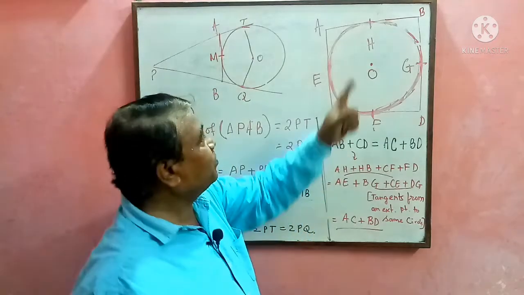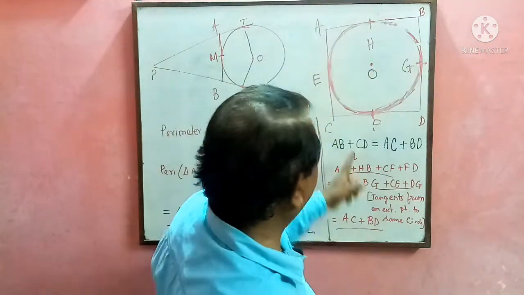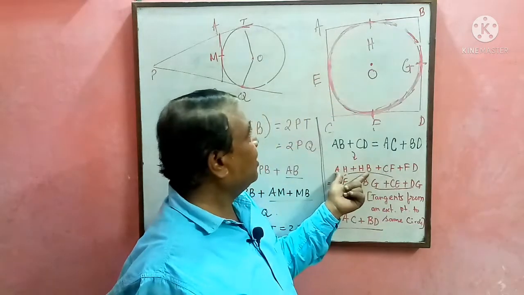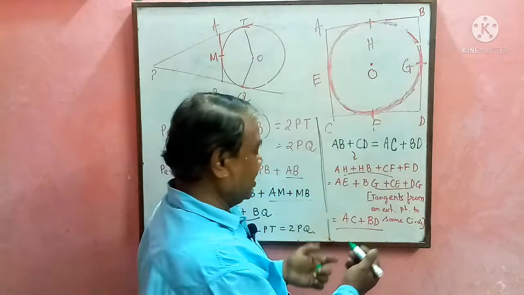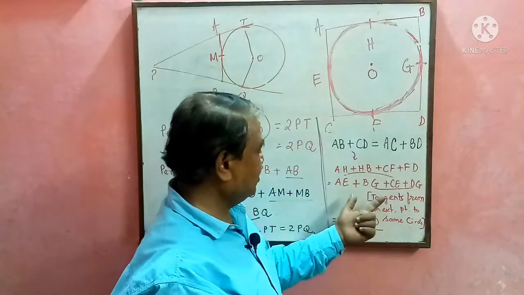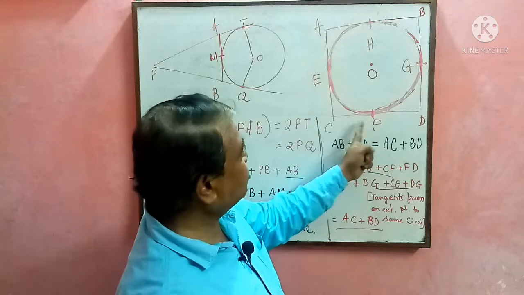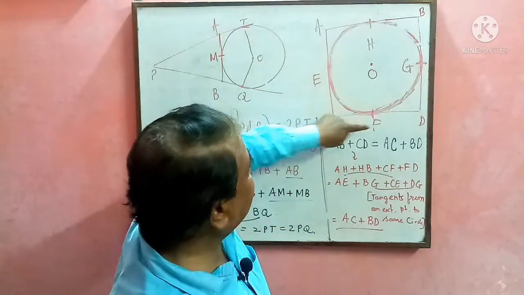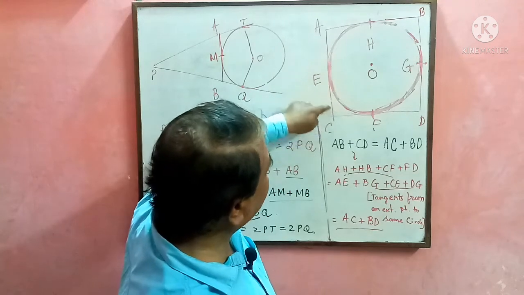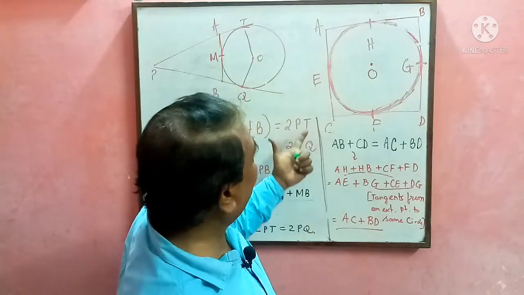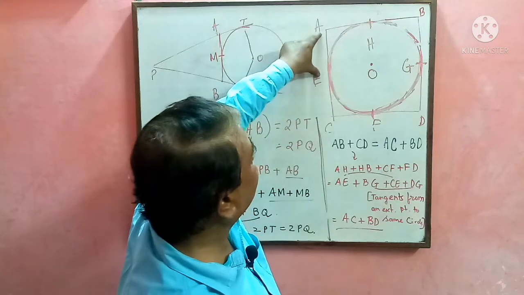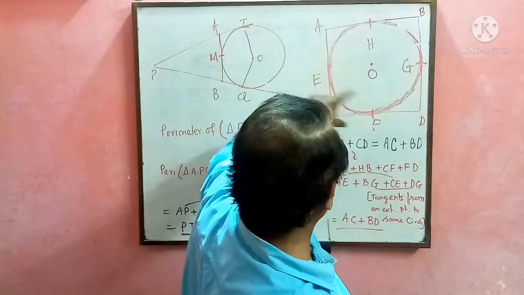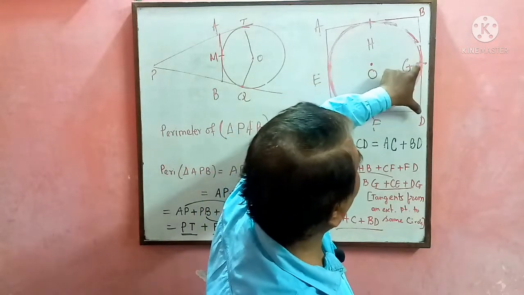Now you see AB, we can change AB into AH plus HB, and CD we can change into CF plus FD. Now CF is a tangent, and these two tangents are also equal. So we can change all this: AH into AE, BH into BG, CF into CE and FD into DG.